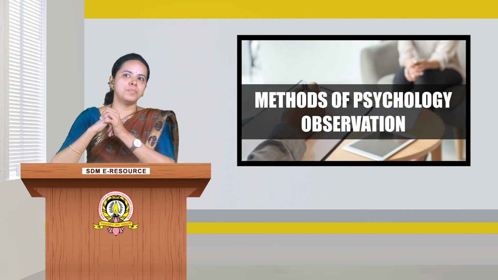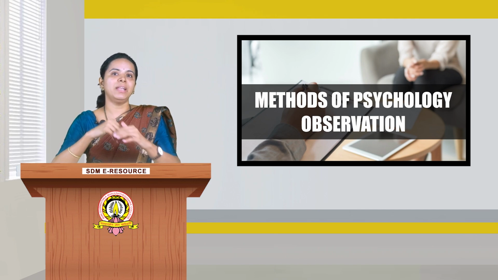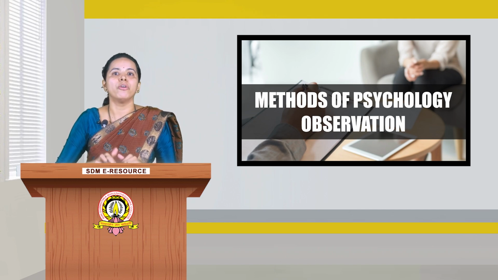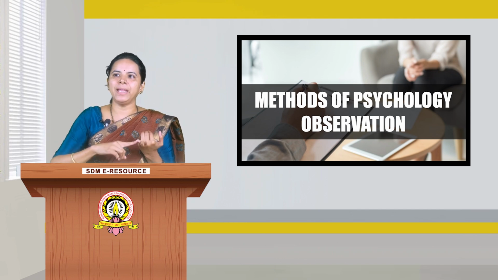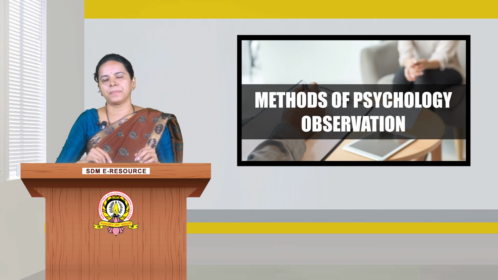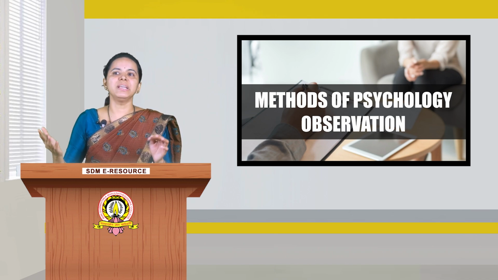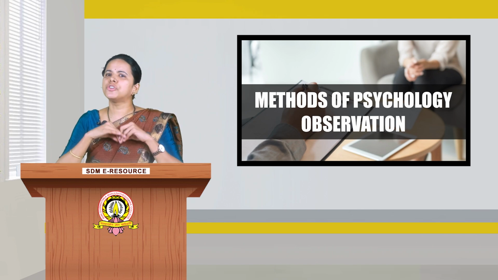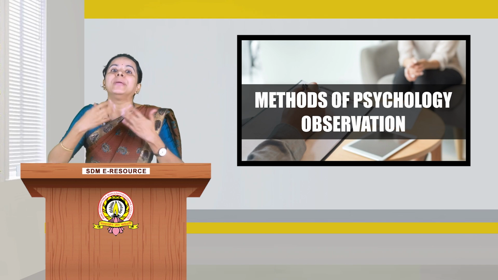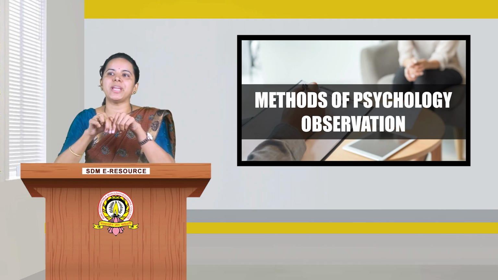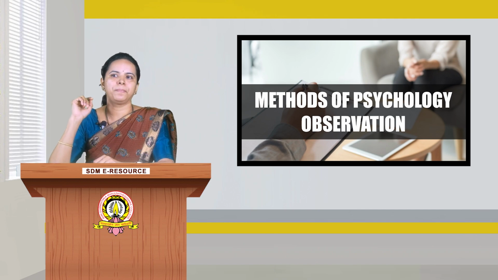Then, when the observer observes the behavior in natural settings like the playground, classrooms, workplace, etc., the individual should not be aware that he is being observed. So, this method is called situational observation.